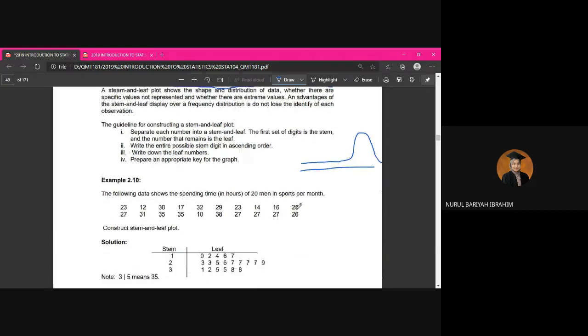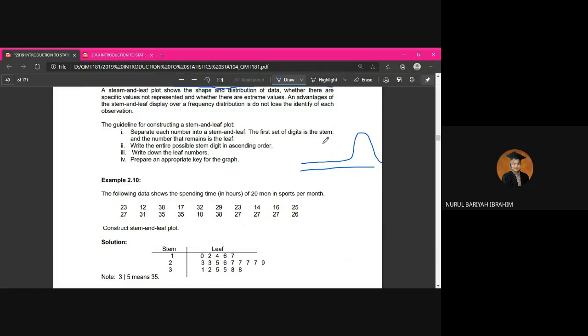The steps are: first of all, separate each number. Let's say we have this set of data about the time spent in hours by 20 men in sports. The first thing is to separate each number into stem and leaf.